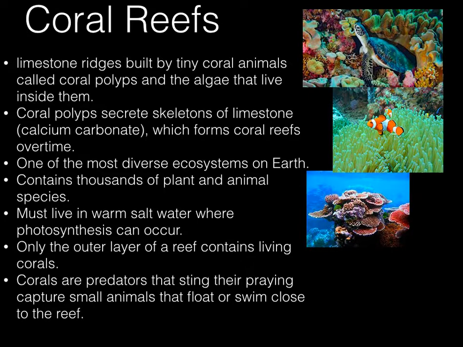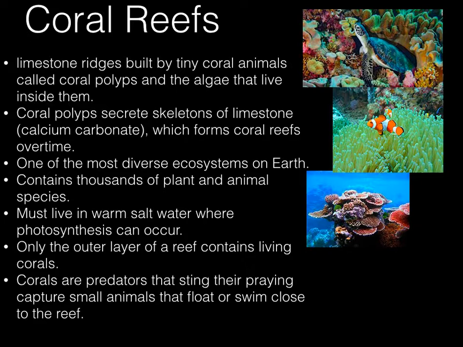So, coral reefs. Many of us have seen pictures of these beautiful coral reefs, and they are slowly disappearing because of our influence on these reefs. But these are basically limestone ridges built by tiny coral.